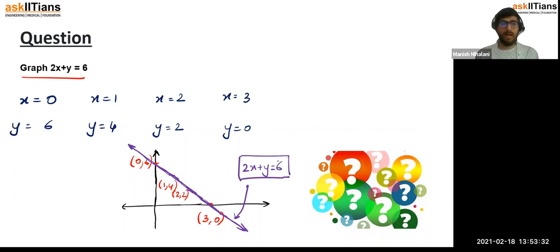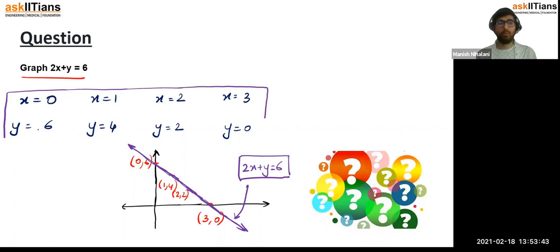Now ये सारे जो टेबल बनाई है ना हमने, these all values of x and y, ये सारे इसके solutions हैं. All of these are the solutions of the above equation, and this will have many more solutions because it will have many more points.